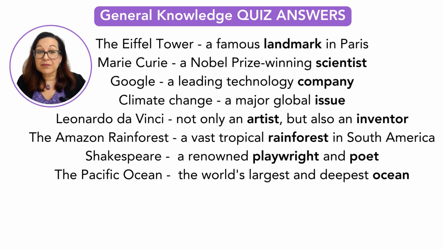Leonardo da Vinci, not only an artist, but also an inventor. Look at that lovely negative inversion in there. The Amazon rainforest, a vast tropical rainforest in South America. Shakespeare, a renowned playwright and poet. The Pacific Ocean, the world's largest and deepest ocean.